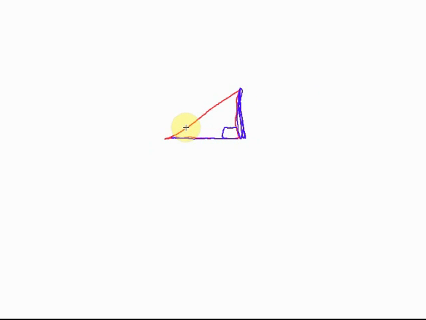Then this angle reflects the slope of this surface here. This might be a hill, for example, and let's call that angle, as we did last time, the angle theta.